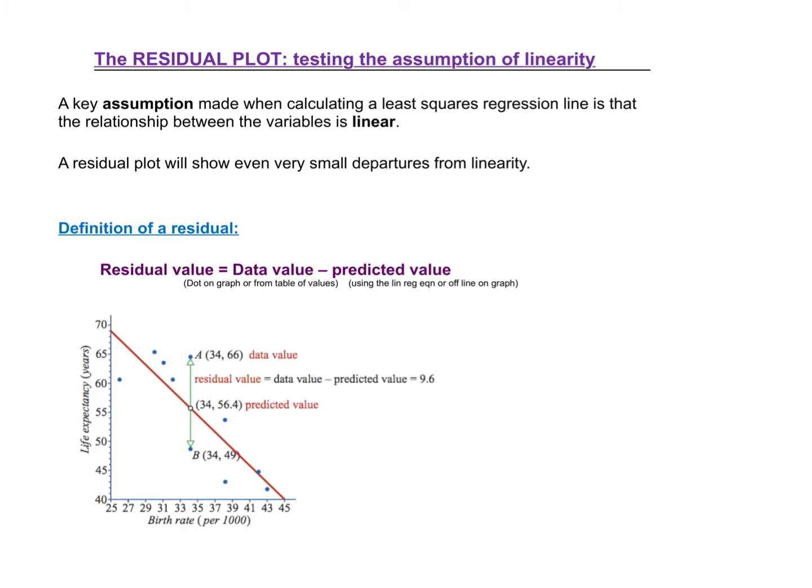And if you remember back to the scatter plot, I said when we do this least squares regression line, they take into account this residual. So the residual is the distance between the data value and the predicted value.